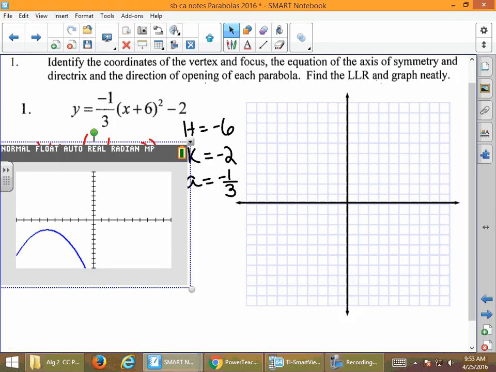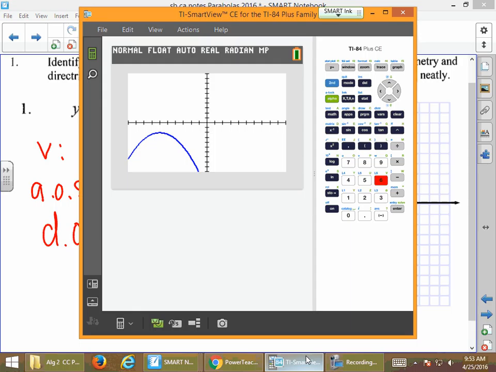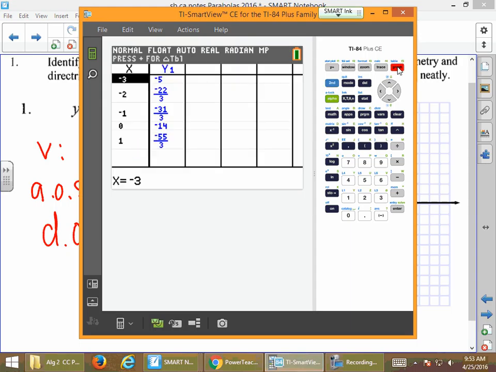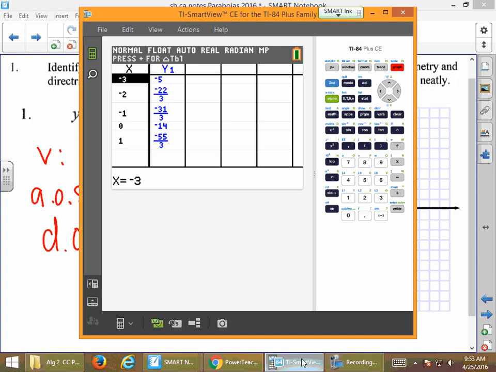And I actually don't really need this. What I want to look at is the table. So if we look at the table, we can find some values on here. Remember, we already know that our vertex is negative 6, negative 2. And then, looking at the table, well, we see negative 3, negative 5.